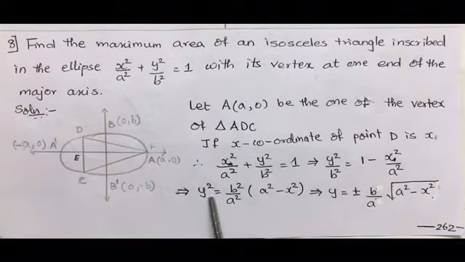Now removing square from y, the other side becomes plus or minus b by a root of a square minus x square. So in total we got two values of y.